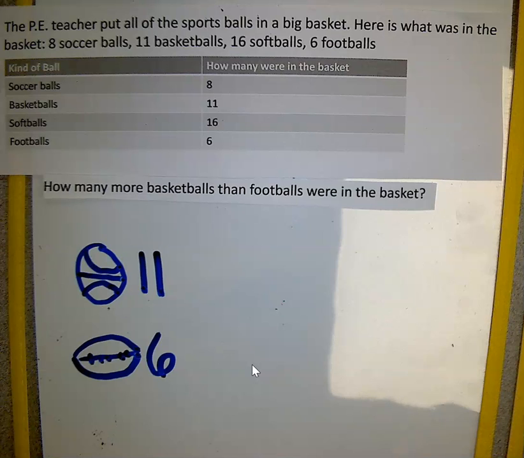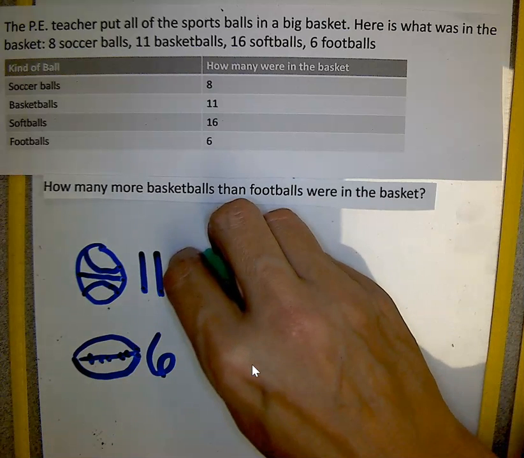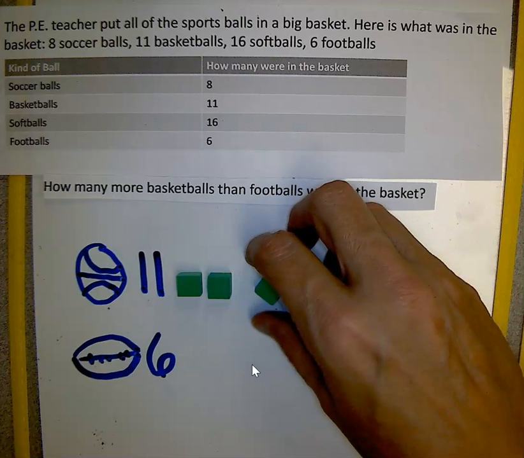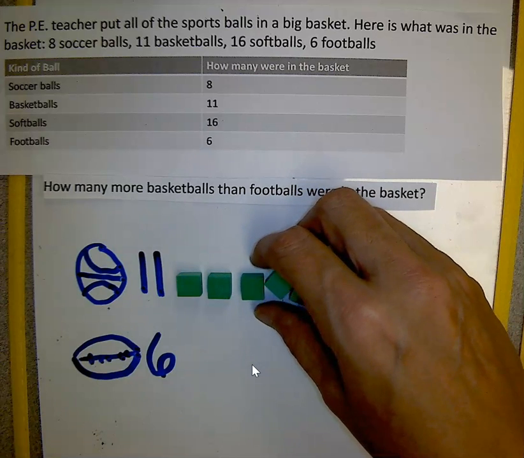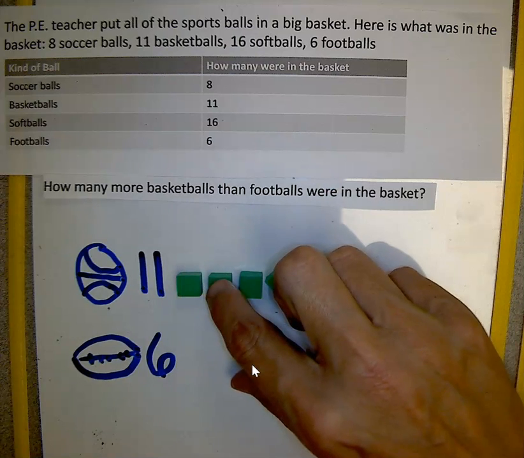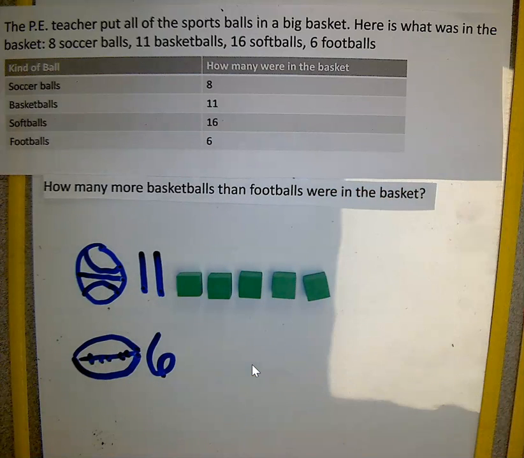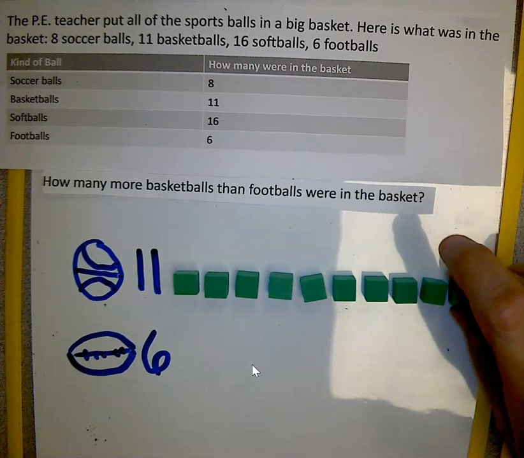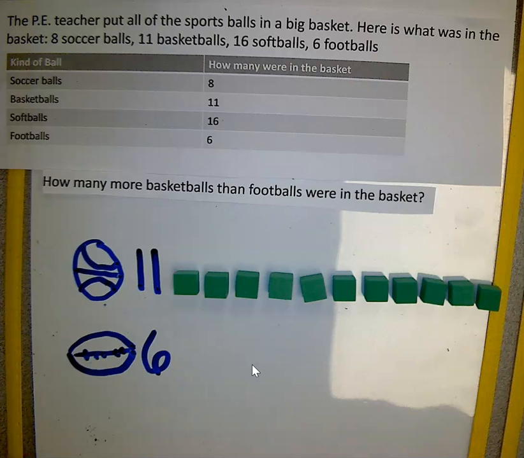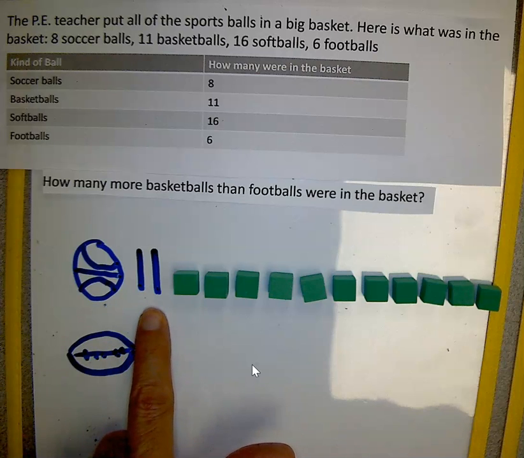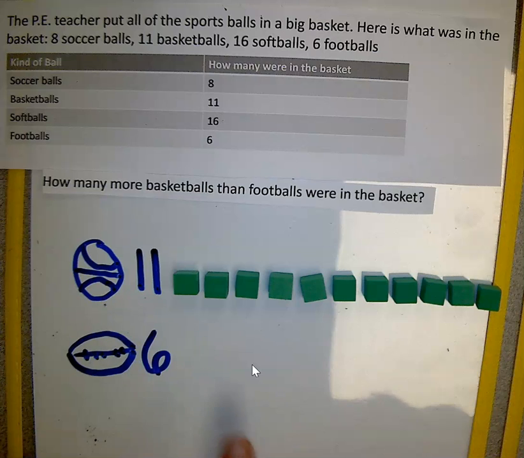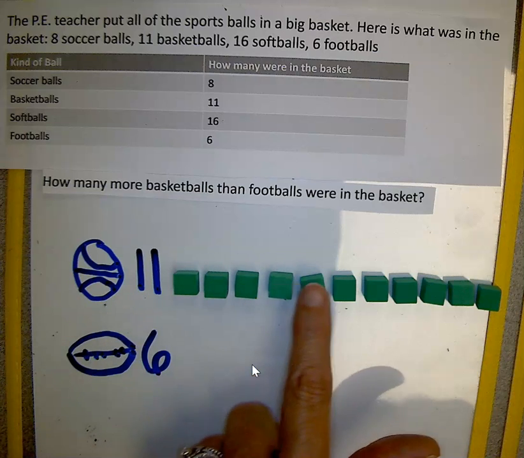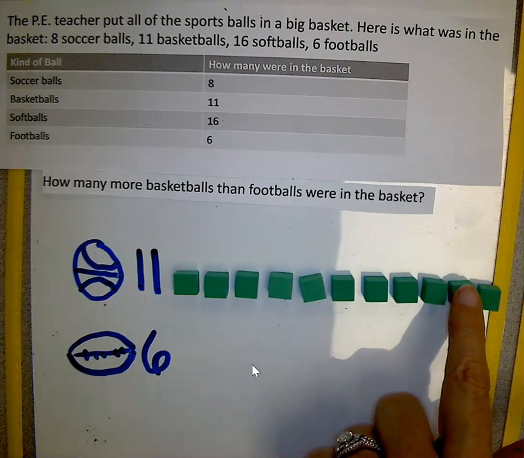So let's represent the 11 basketballs. I could do this with many things. I could draw it. I'm going to use my base 10s here. 1, 2, 3, 4, 5, 6, 7, 8, 9, 10, 11. There were 11 basketballs in the basket.